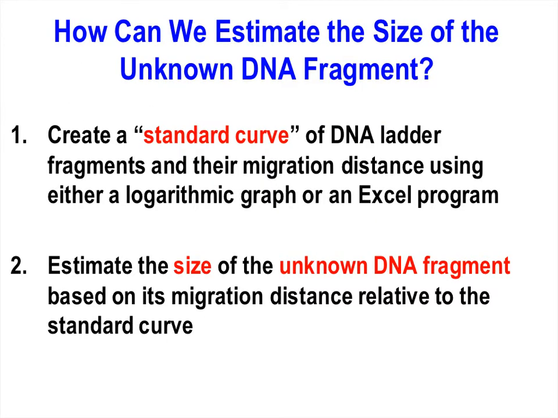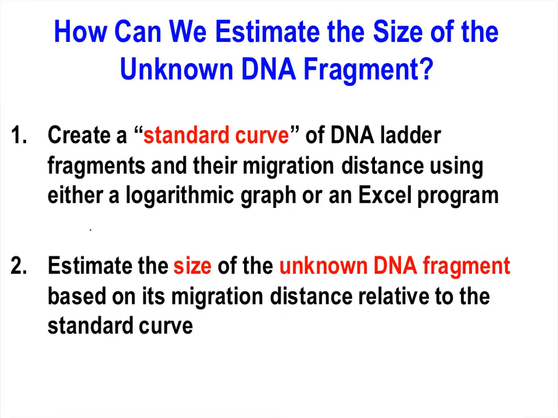And so effectively, in order to estimate the sizes of your unknowns, or of your pieces of DNA that you're running out on the gel, you want to create a standard curve from your DNA ladder. We're going to be comparing the sizes of the fragments with how far they migrated down the gel. I'm going to show you how to do that in the next couple of slides.